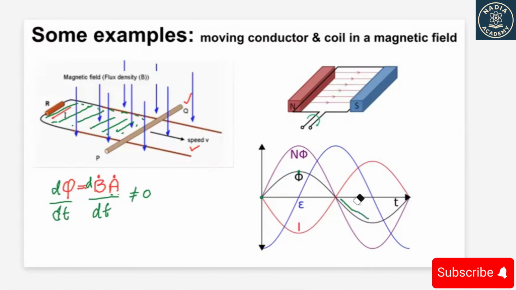So let's see what will happen to the total flux in case of a coil. For example, if you have n turns in the coil, then the amplitude will increase. But in our figure, we have only one coil, so we will consider this one according to the picture.